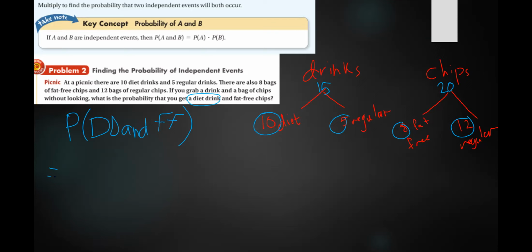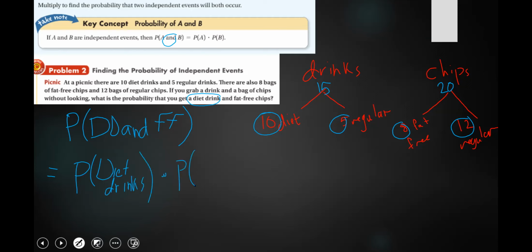We said that the probability of A and B is the probability of having a diet drink multiplied by the probability of having fat-free chips.